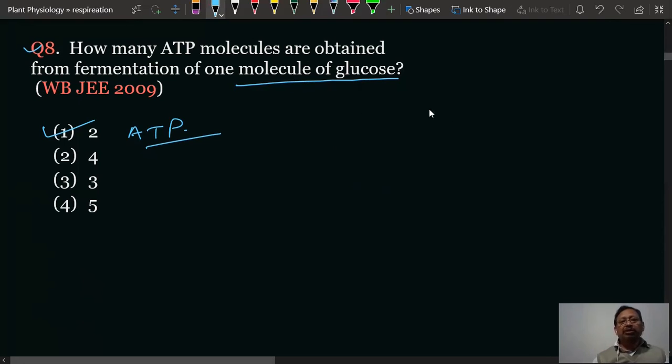During this process, 4 molecules of ATP are produced, but in the beginning of the process, 2 molecules of ATP are consumed. So the net gain in fermentation is 2 ATP molecules. During glycolysis NADH is produced, but after that the NADH is consumed again.